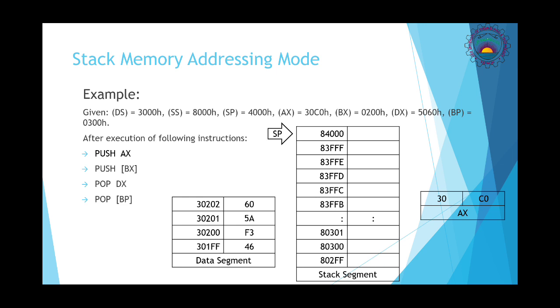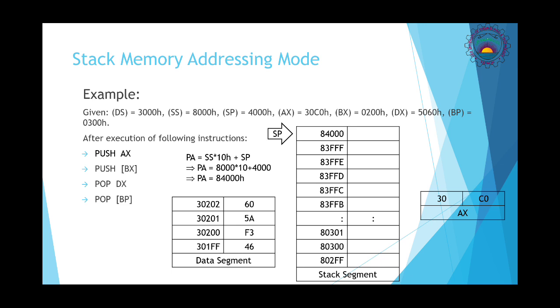So these are the initial values for registers, and here we have shown data segment and stack segment. In stack segment, stack pointer is pointing to address 84000 hex. If you calculate the physical address by using SS times 10H plus SP, you will get 84000 hex.